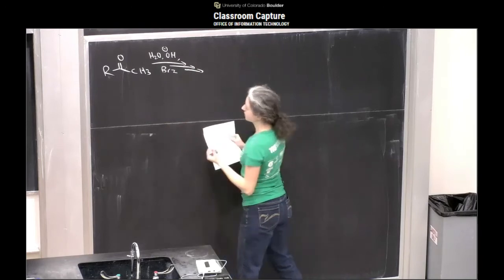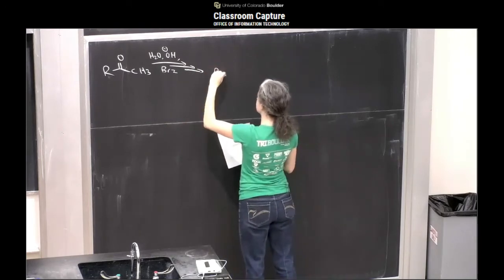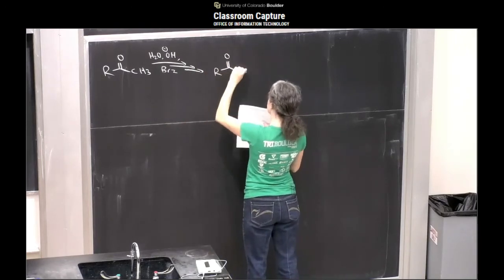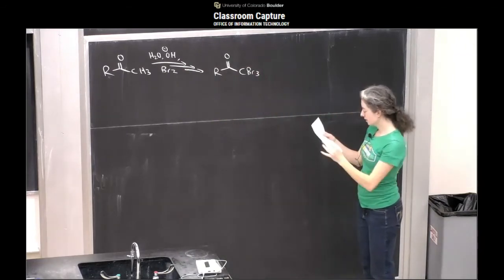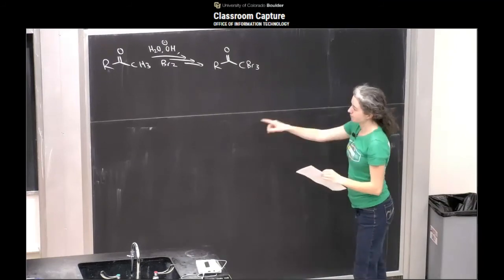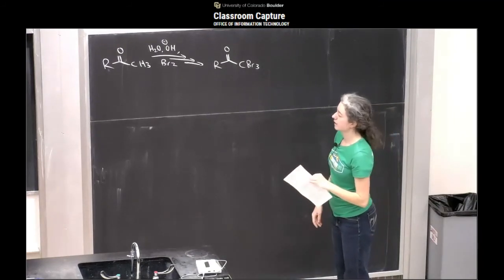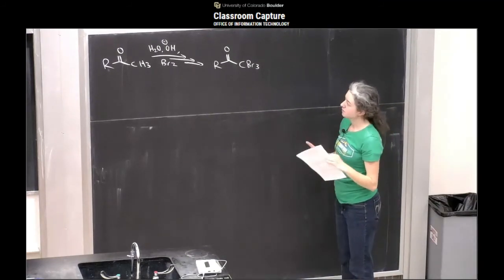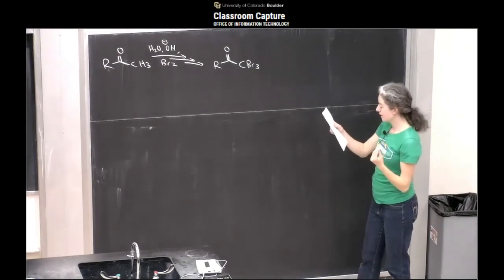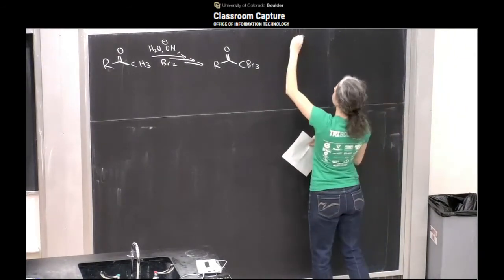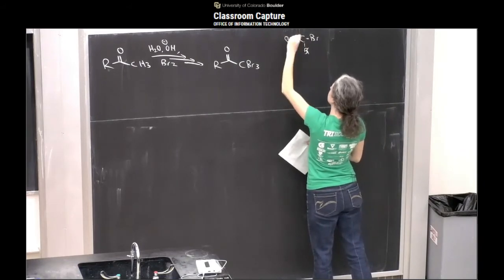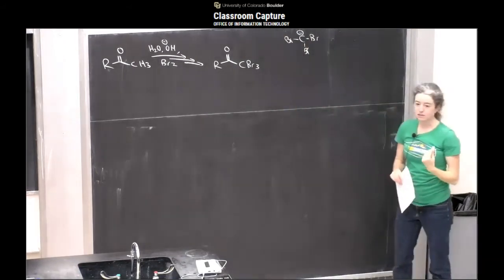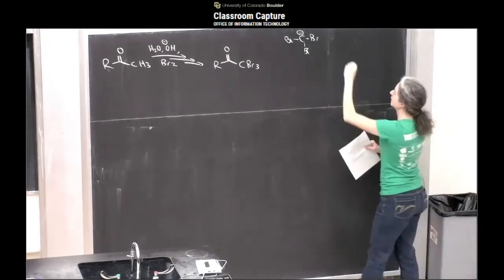So you pretty much do this reaction 3 times, and you get to CBr3. All right, so that's pretty much in line with what we just covered. Now something really weird happens, and that is that it turns out this is actually not a terrible leaving group.